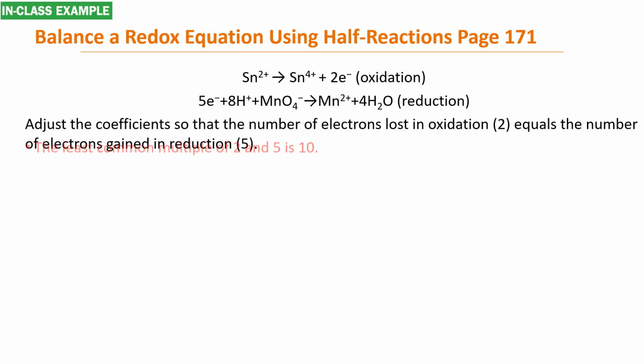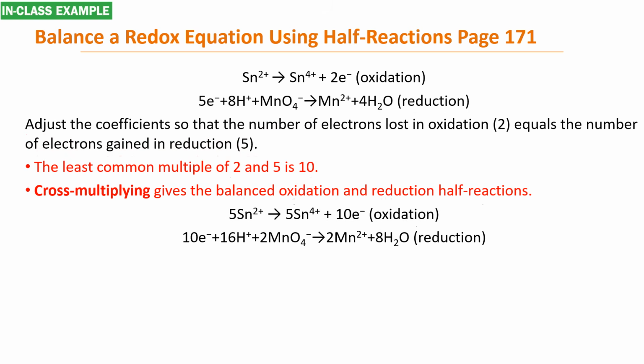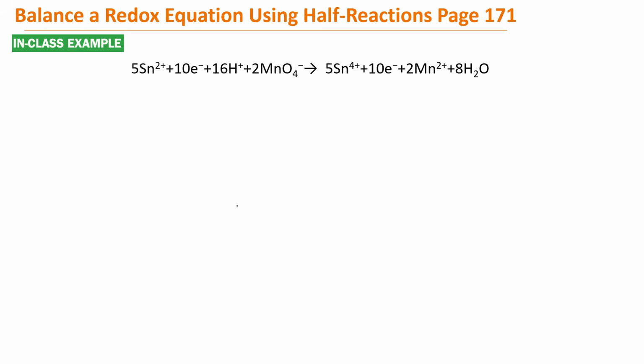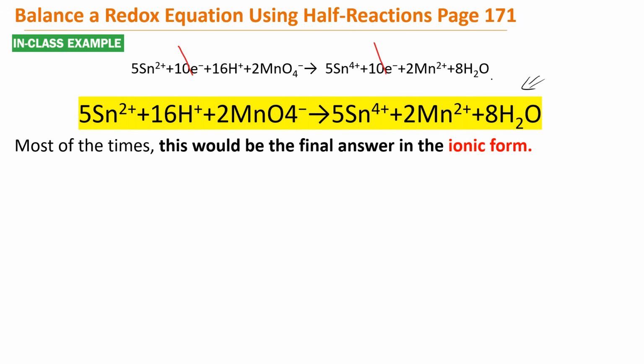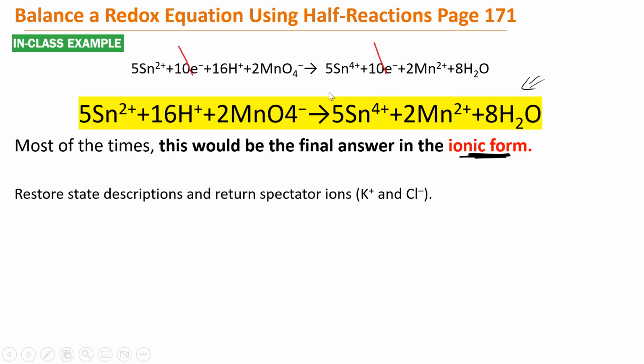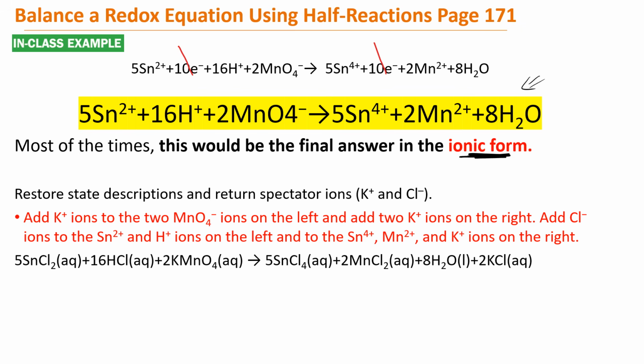Okay, and then all the steps when we multiplied by 5 and 2 if you remember, and then you just add them together. 10e goes with 10e, and then you have the following equation that we got a little while ago. Of course in the book, as I told you, this would be the final answer in the ionic form. Okay, you can also go through these solutions. All right, yeah. You can restore the spectator ions, but usually this will be your final answer.